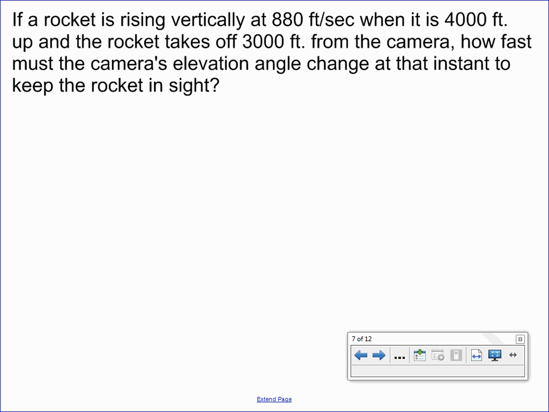But if we have a rocket and the rocket is rising vertically, and we've got a camera.